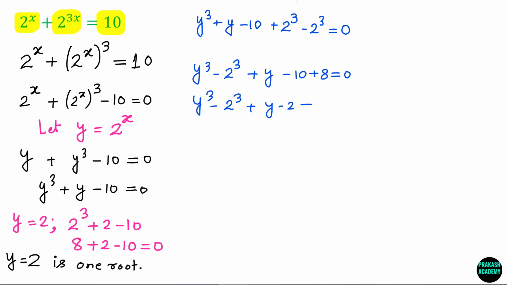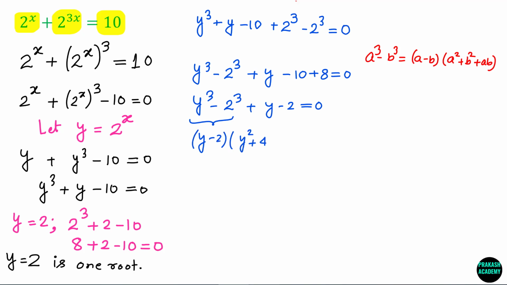Now see, you have a factor of y minus 2. This is y cube minus 2 cube. You can use the formula a cube minus b cube, which is equal to a minus b times a square plus b square plus ab. If I use this formula, I can write this term as y minus 2 times y square plus 4 plus 2y, plus y minus 2 is equal to 0.